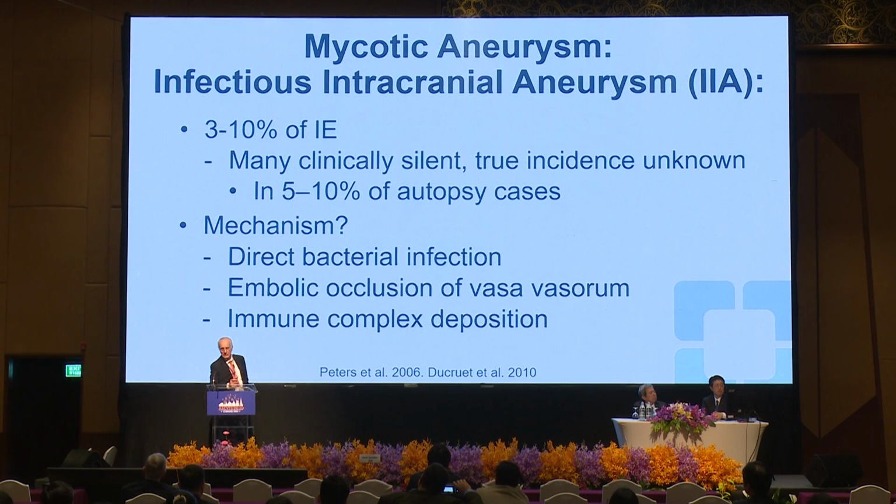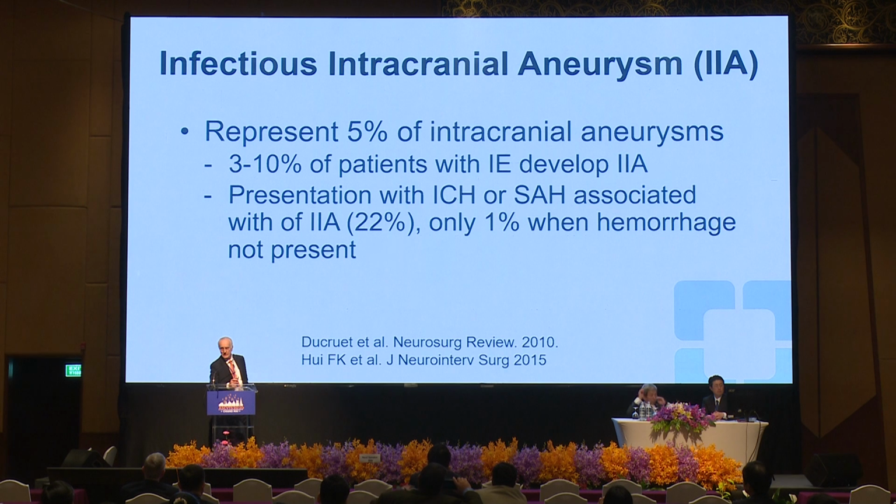our screening for this. The mechanism is direct bacterial infection, embolic occlusion of the vasa vasorum, or immune complex deposition. It represents 5% of all intracranial aneurysms, and 3 to 10% of patients with endocarditis develop an infectious intracranial aneurysm. It takes much longer to say than mycotic aneurysm.